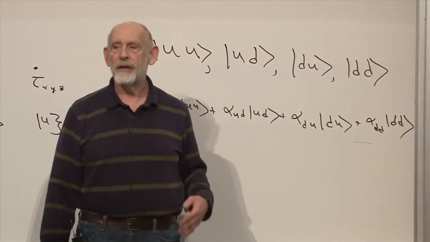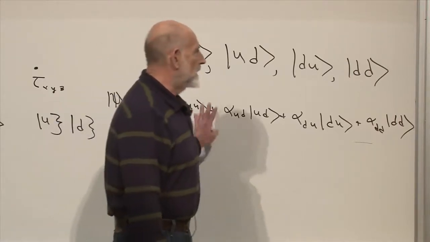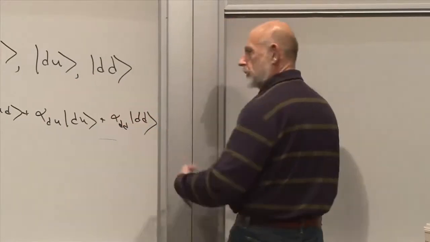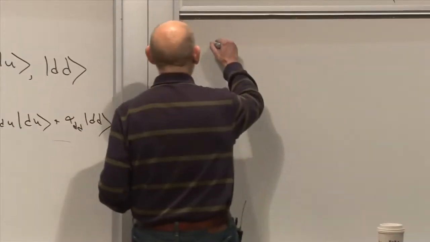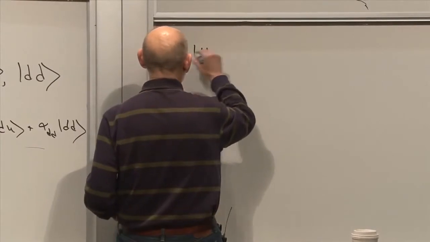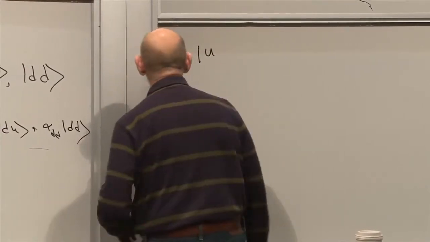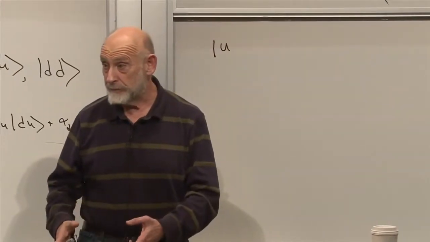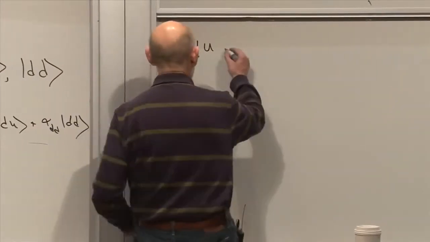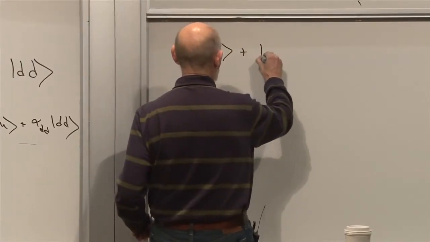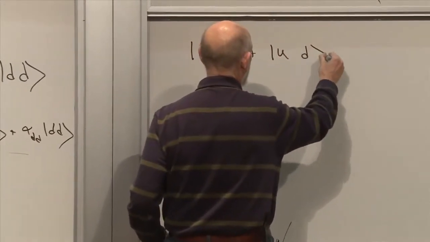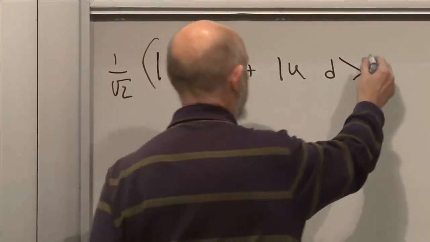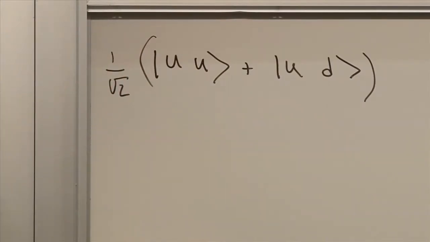How do we make a state which is... So the answer is this. I'll tell you what you do, but then we'll eventually have a mathematics to this. Sigma is definitely up, but tau is a linear superposition of up with down. Easy. You just take up-up plus up-down, times 1 over square root of 2. You can think of this another way.